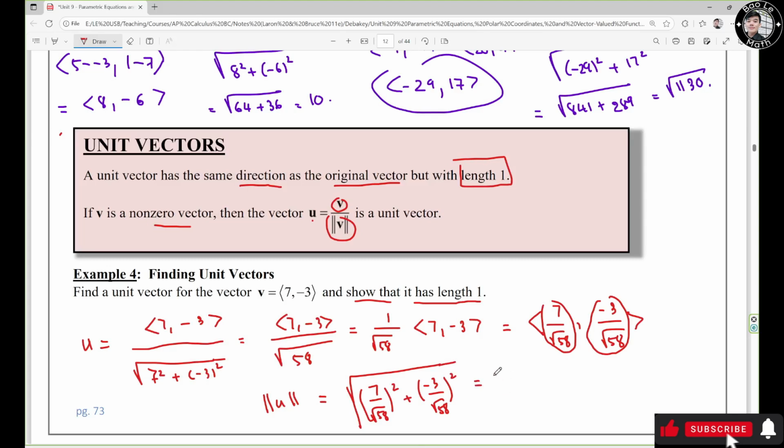So it turns out to be the square root of 49 over 58 plus 9 over 58, right? So it's going to be 58 over 58. It's going to be the square root of 1 equals 1. So it has been proved, right?